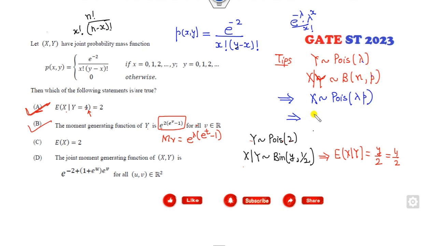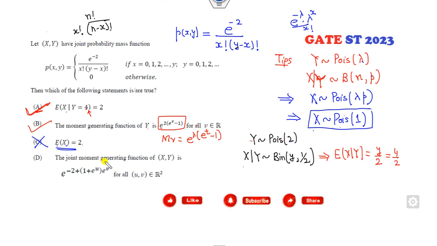So what does it mean? X follows the Poisson distribution. What is the lambda? It is 2 into half, 1. Fine. So from here he said the expected value is 2, but the Poisson distribution has expected value 1. This is the wrong answer.